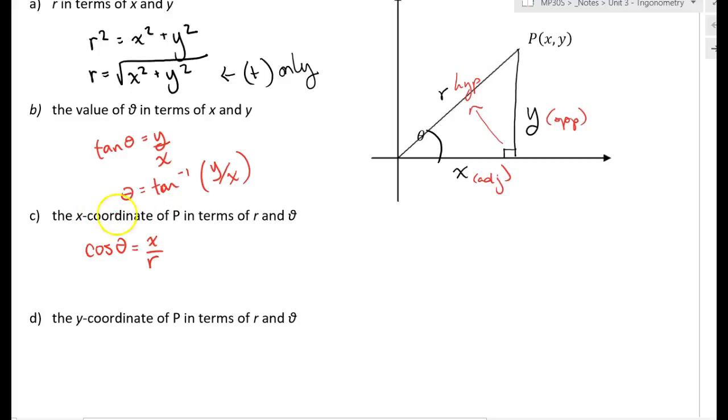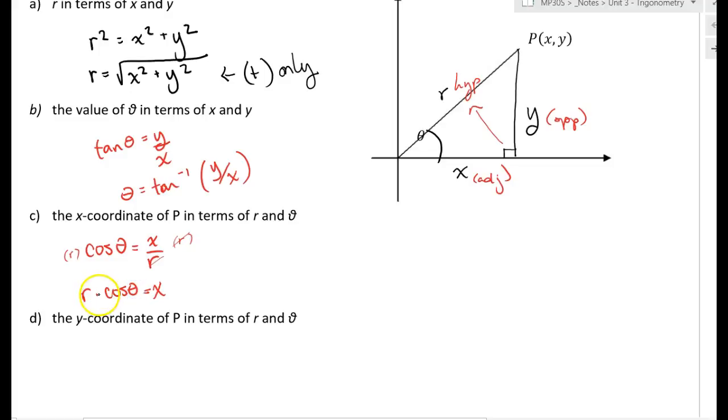But I want to write it in terms of x, so that all my other terms are on the other side. So I would multiply by r on both sides. That cancels out, and so I'm left with the statement x equals r times cos theta.